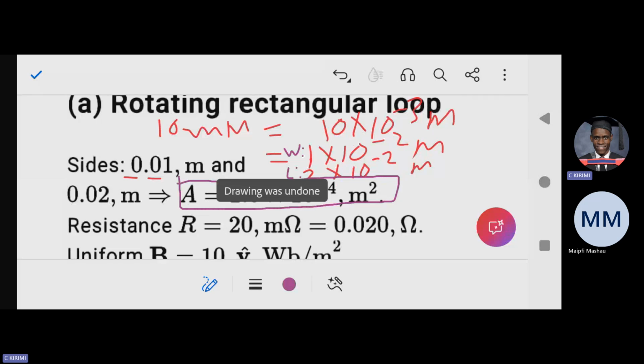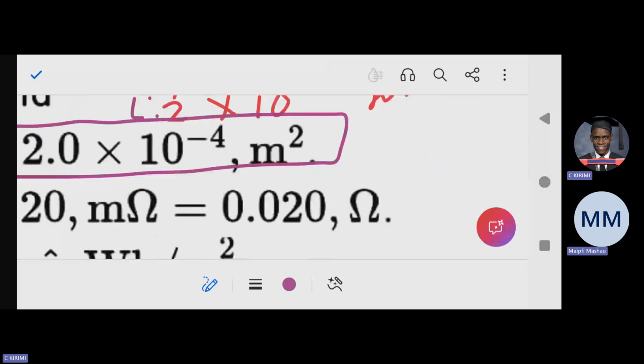So you simply get 0.02 again. 20 times 10 to the power negative 3 milliohms.